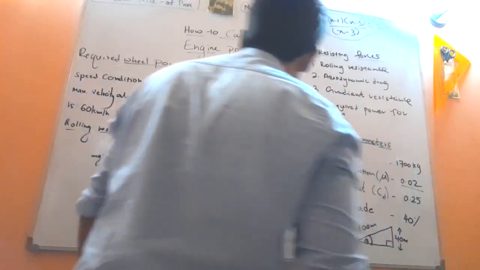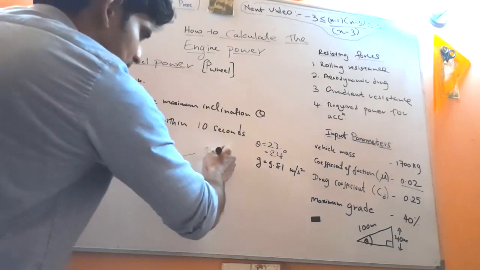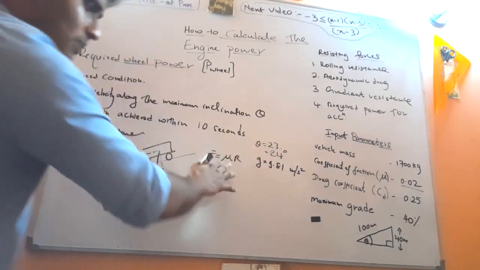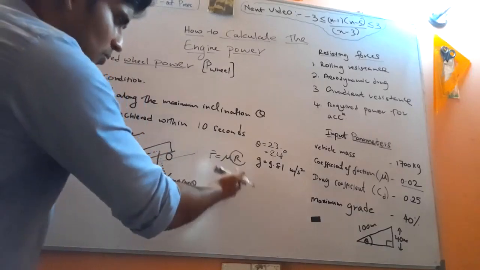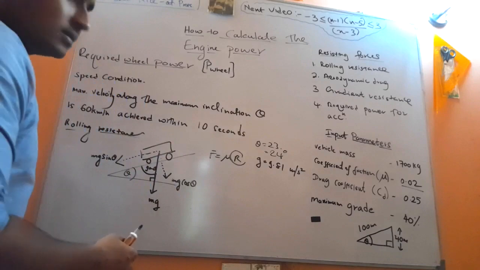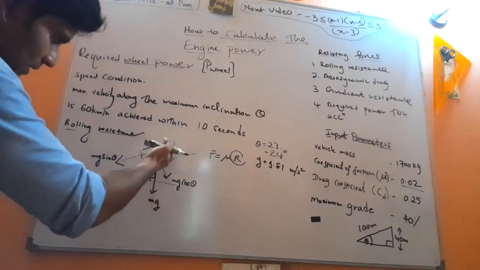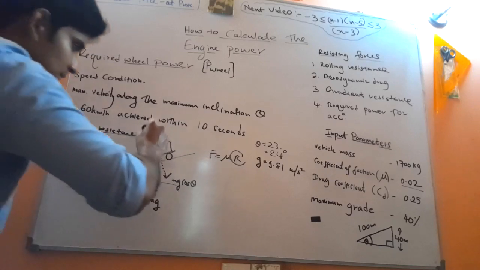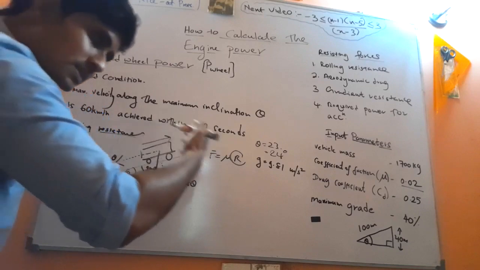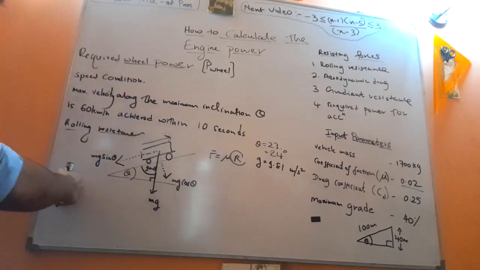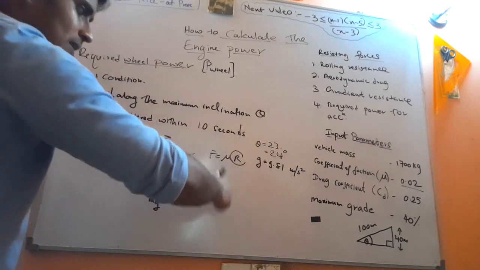So we know that F equals mu R. If you know the normal reaction, the normal reaction is the force perpendicular to the direction of friction, because now the vehicle is traveling along the inclined road, so the friction acts in the opposite direction. So the friction force equals mu times normal reaction.